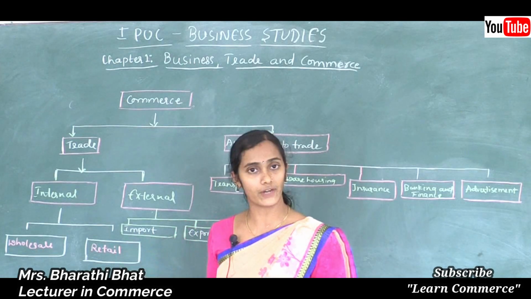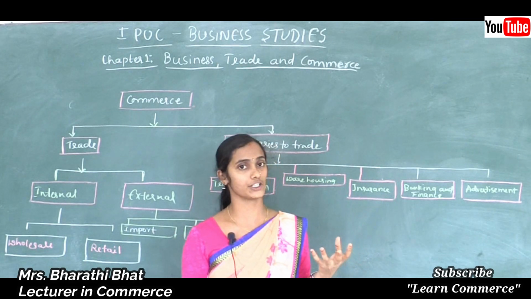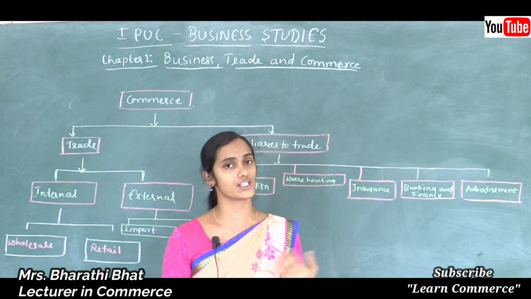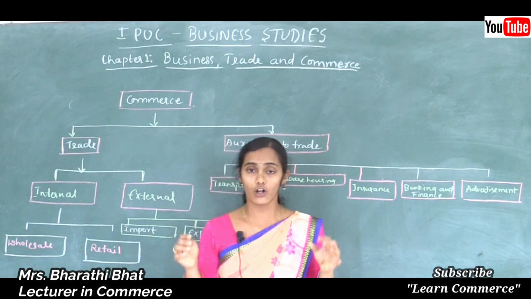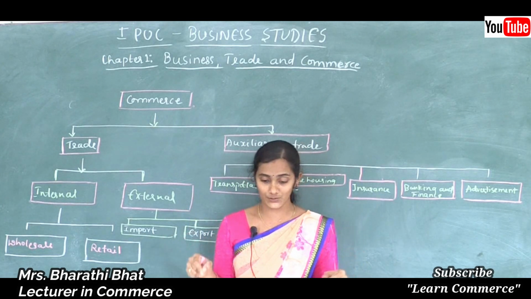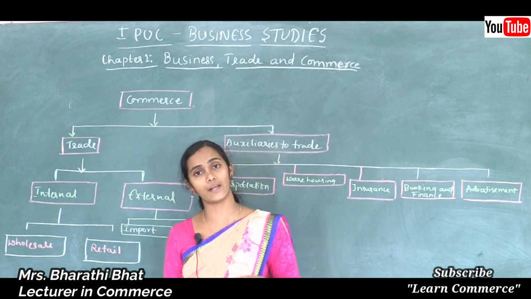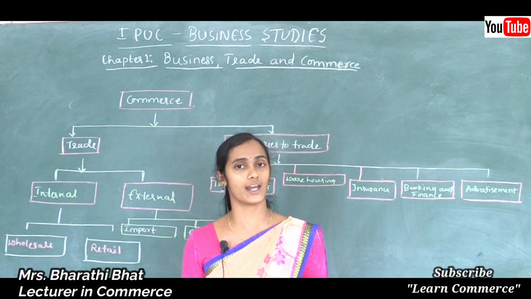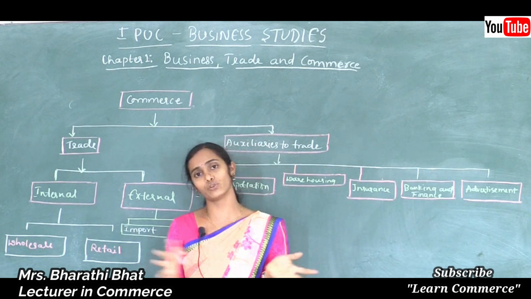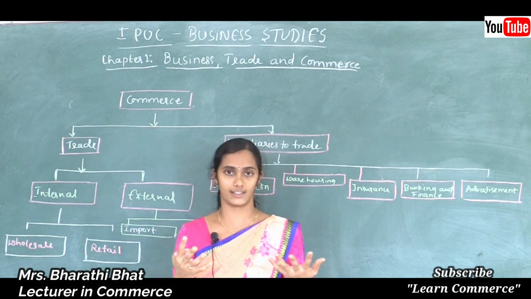So different auxiliaries to trade help the business organization in removing the hindrances, especially in case of exchanging goods and services. Commerce involves various activities to remove the hindrances or obstacles of person, place, time, risk, finance, and even communication.